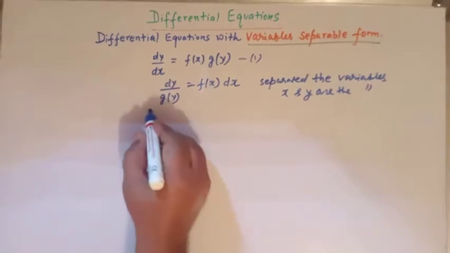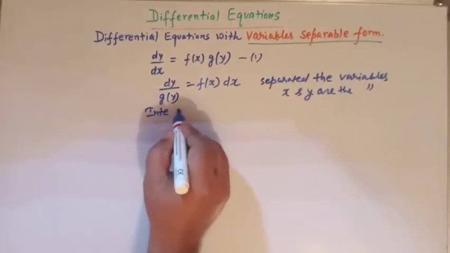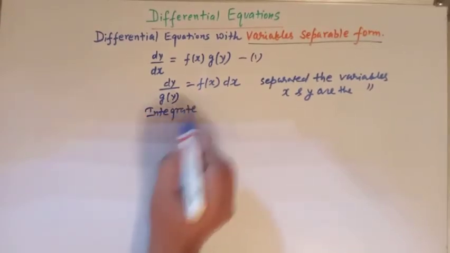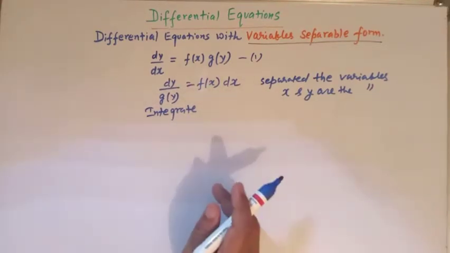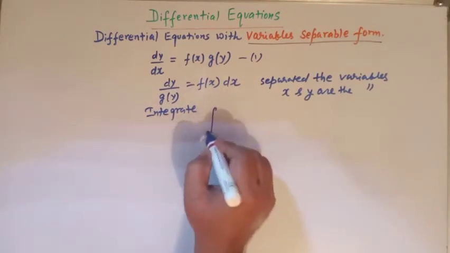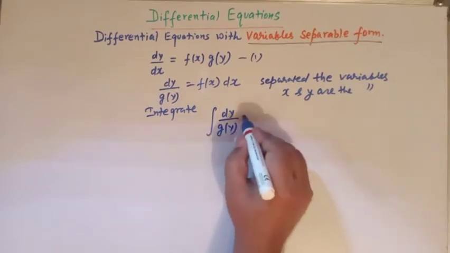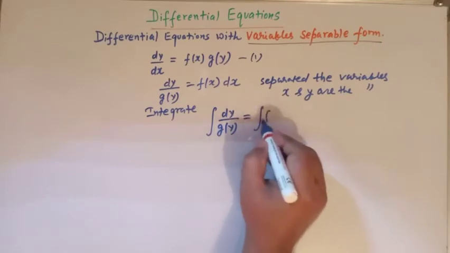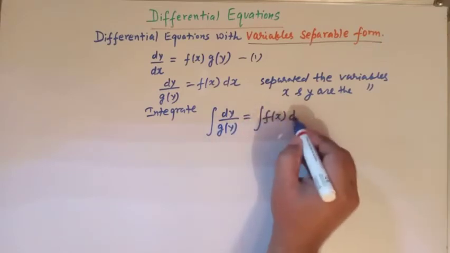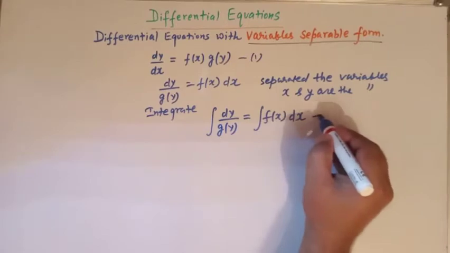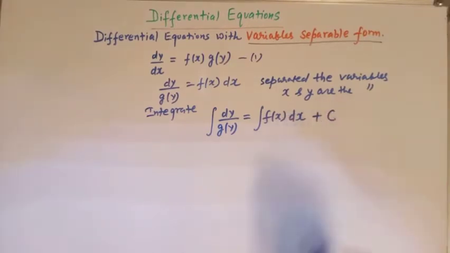Now we integrate both the sides. Clear? Then we get integral of 1 over g of y dy equals integral of f of x dx plus the constant of integration c. Clear?